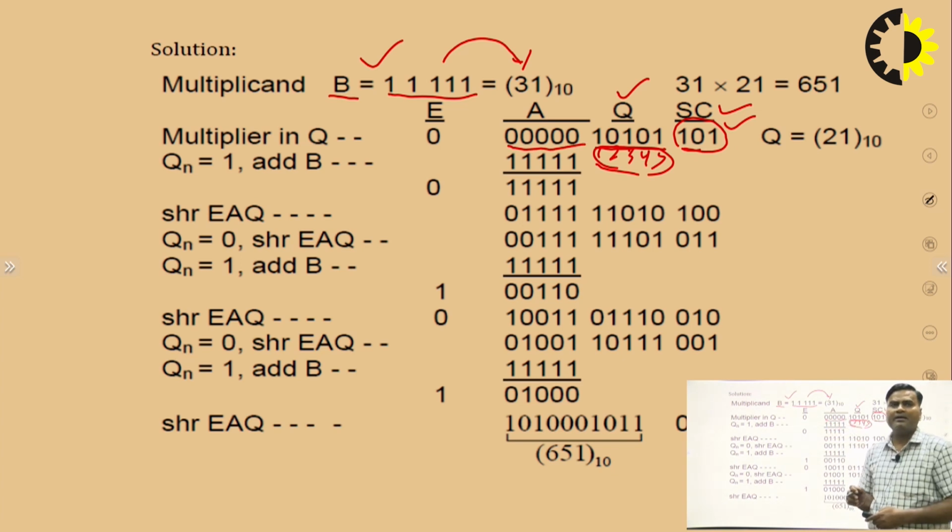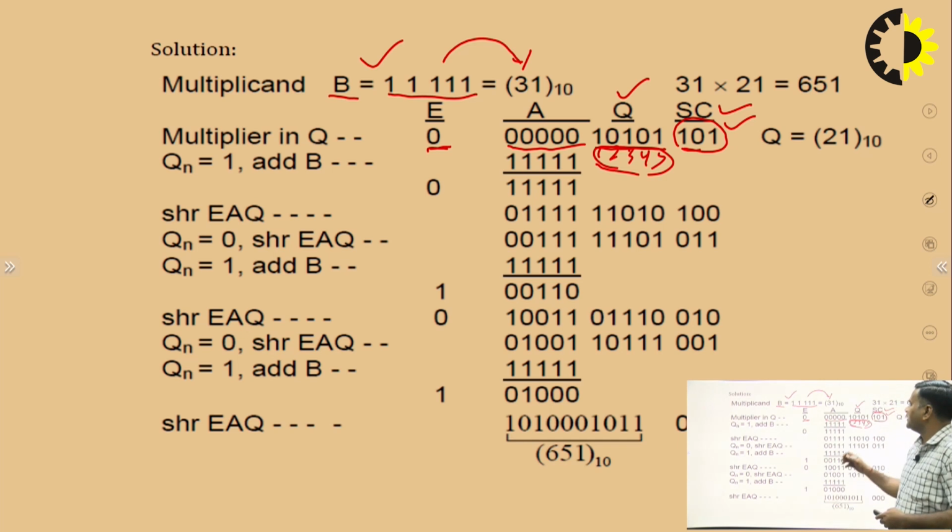We have to write here 00000, because the multiplicand number of bits is 5 and the multiplier number of bits is 5. So in A the number of bits should be 5, all 0. And for E, initially we clear E to 0. So we can write 0 here.